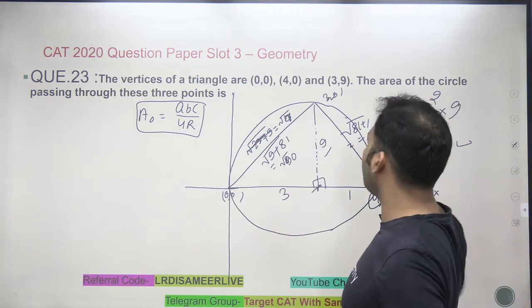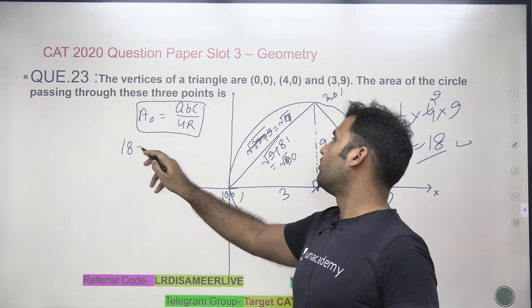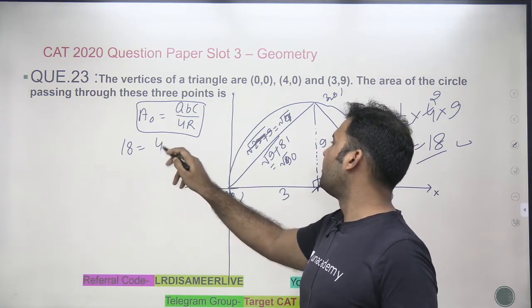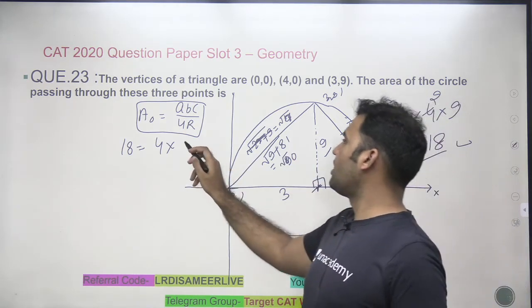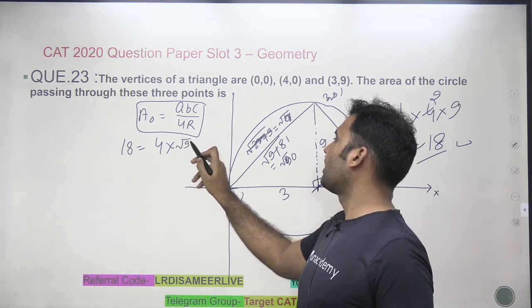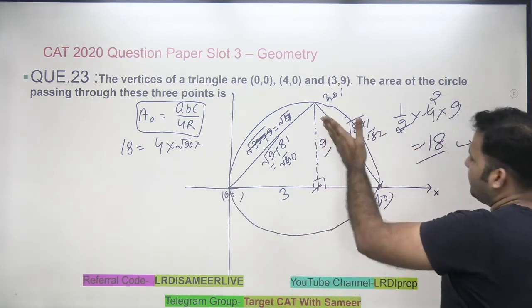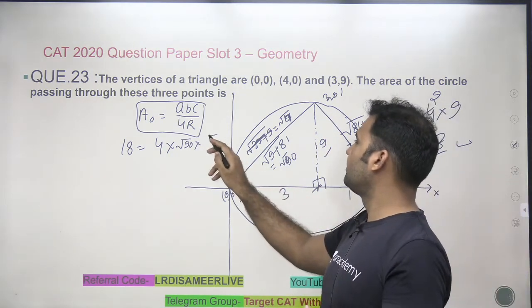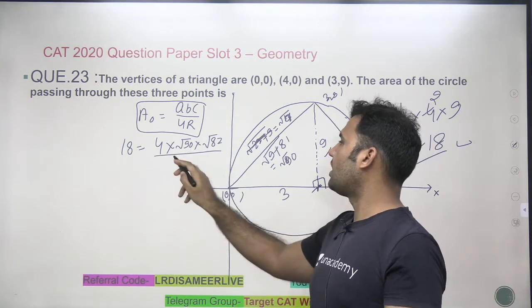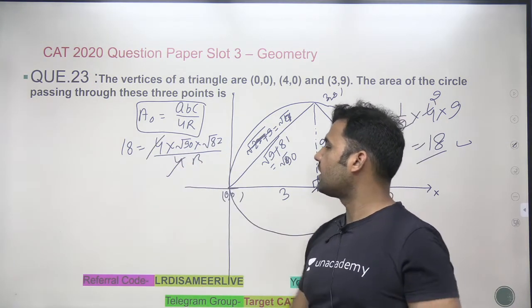Area of the triangle we know is 18. One of the sides, A, is equal to 4. The other side, B, is equal to root 90. And the other side, this particular side, is root 82, upon 4R. 4 and 4 will get cancelled.